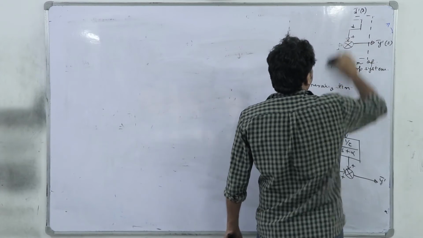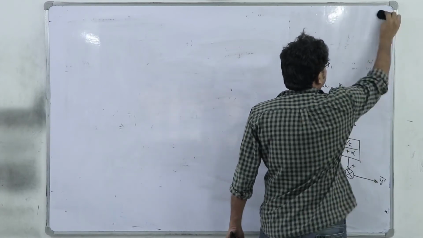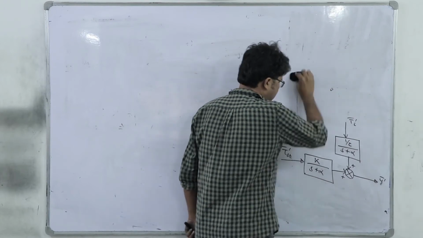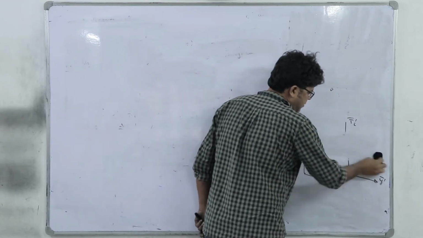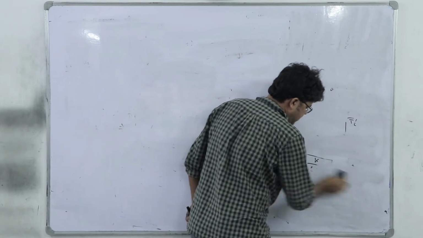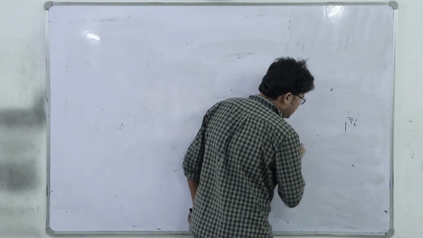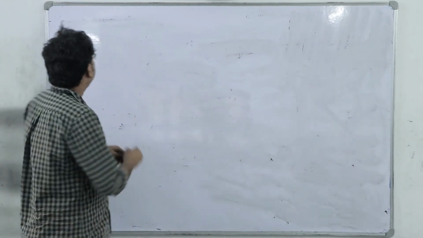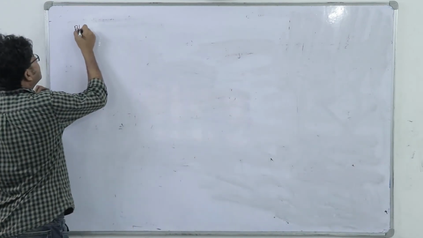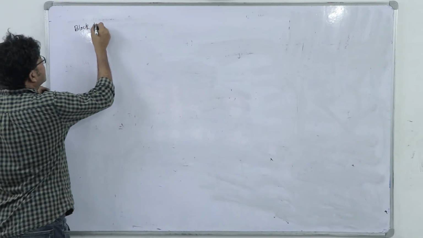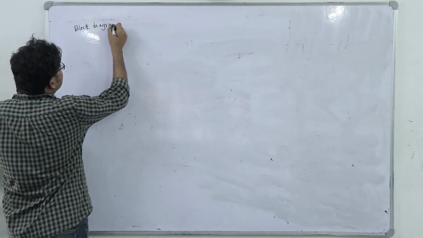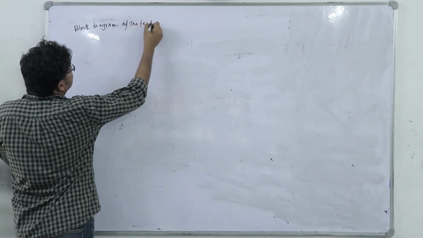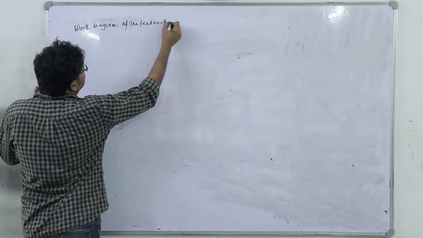So, with that we will construct the block diagram of the feedback loop.